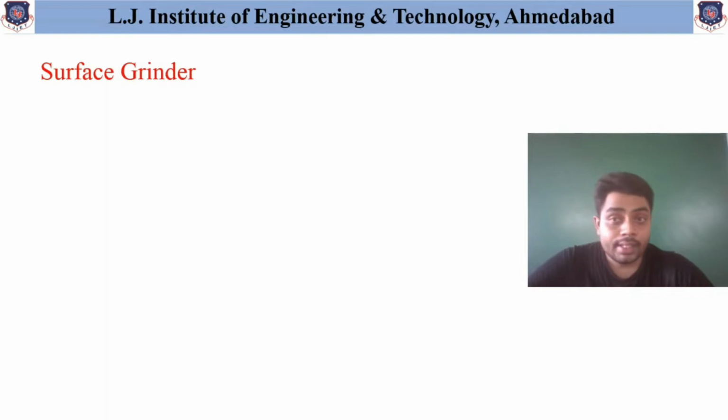Now, as the name suggests, if any grinding machine is used for finishing the surface of a component, then that grinding machine is called a surface grinding machine, or surface grinder.